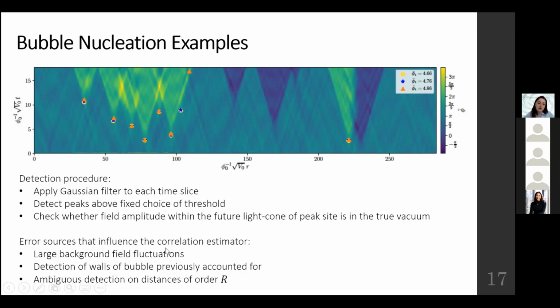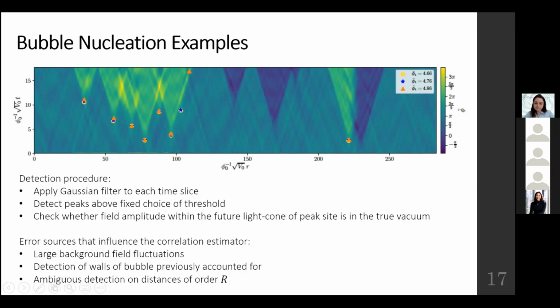First of all, you could have a large background fluctuation, such as here. This is a large background fluctuation hidden in the vicinity of a nearby bubble that mimics a bubble, but is in fact not.